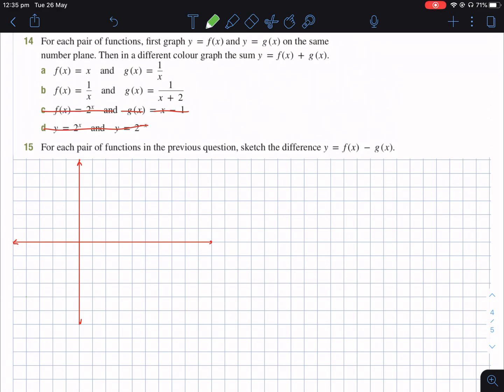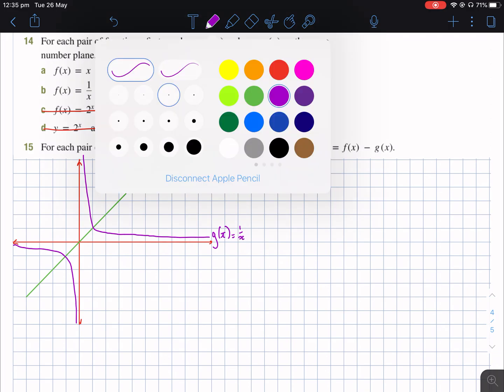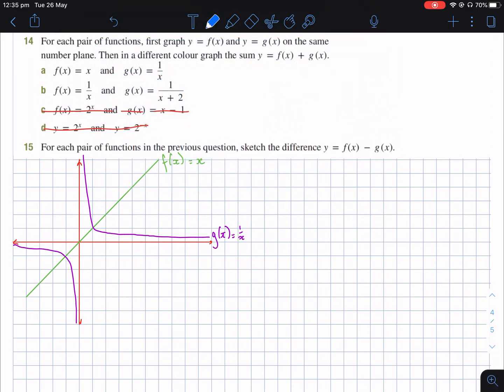Well, that's nice and easy to draw. One on x. And let's just do the sum.